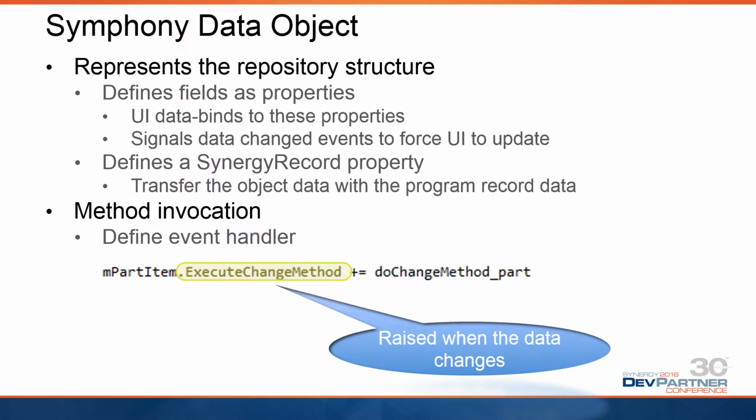So execute change method assigns the method doChangeMethod_part to that event. So when data in a data object changes for that particular field, that event doChangeMethod_part will get executed. That's all that's doing. It's just defining an event handler.